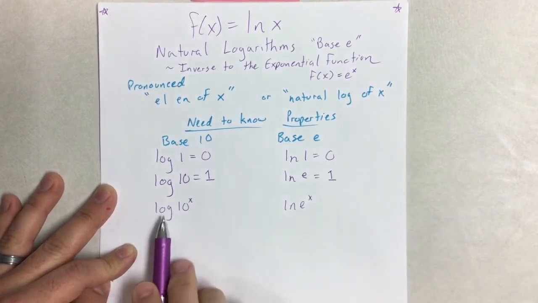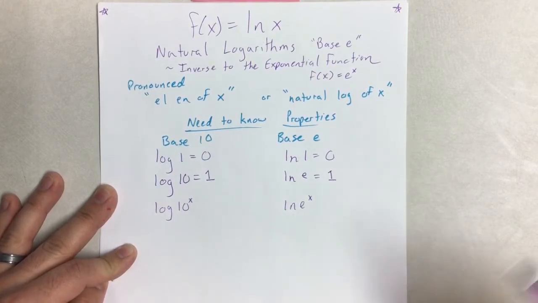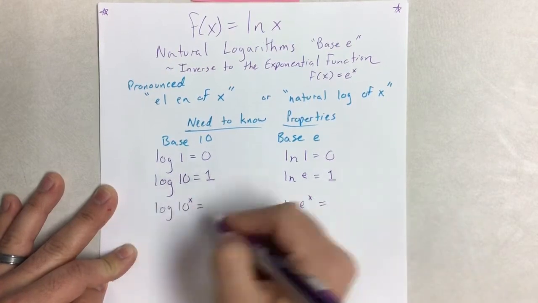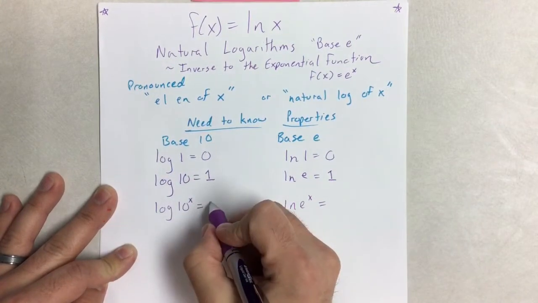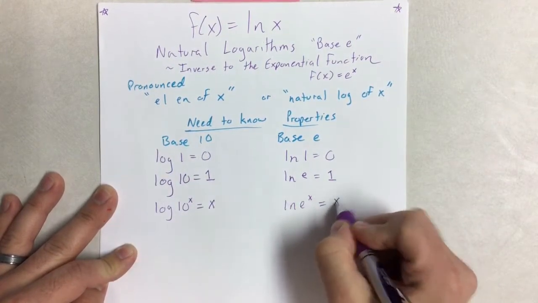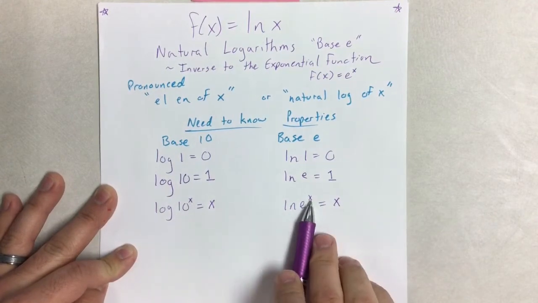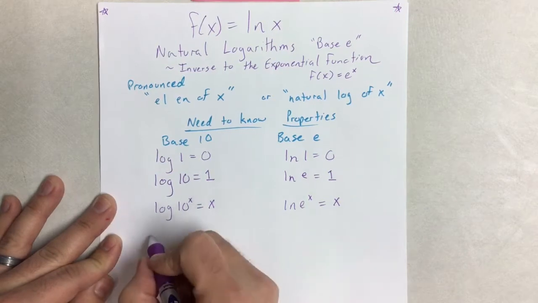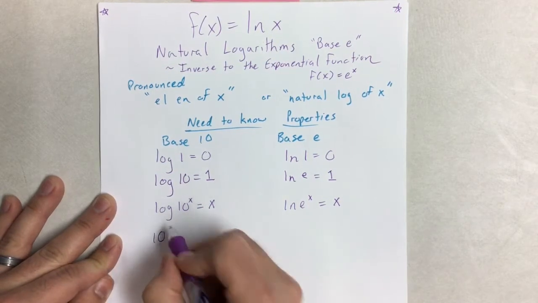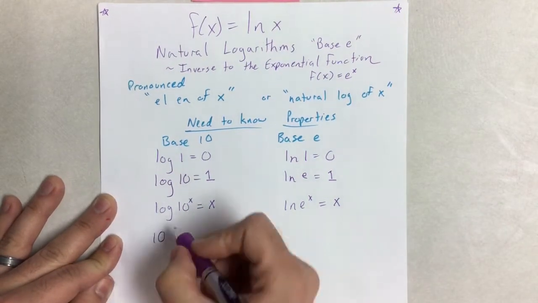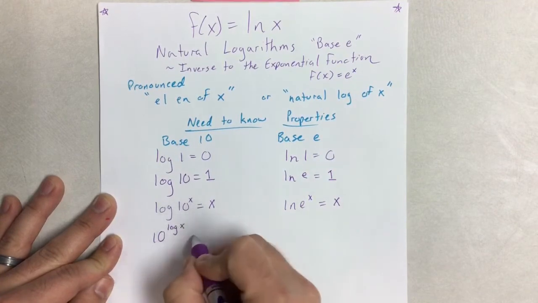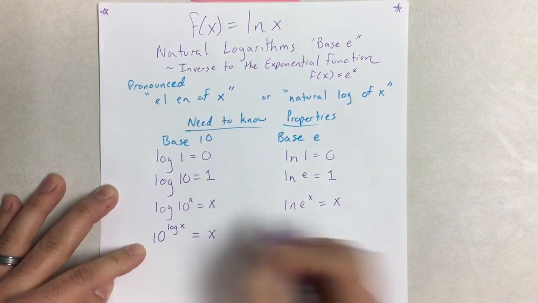I have common log of 10 or natural log of e, both raised to the power of x. We find that simplifying each of these, they will equal whatever our exponent is here. And then the last one, when I raise 10 to the power of log base 10 of x, we get x.